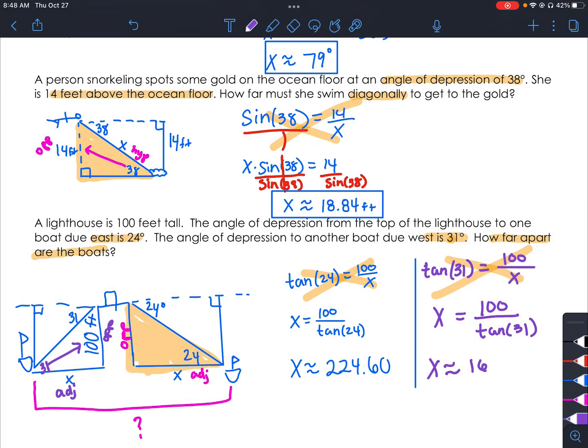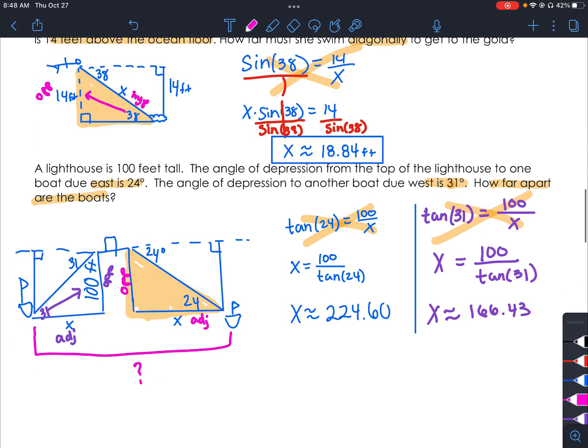That gives 166.43. So together, if I combine those two distances, I can find how far apart the boats are from each other. So they are 391.03 feet apart.